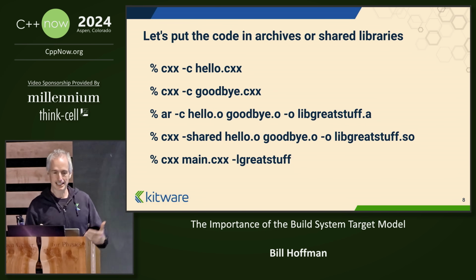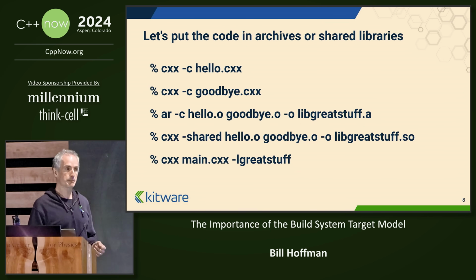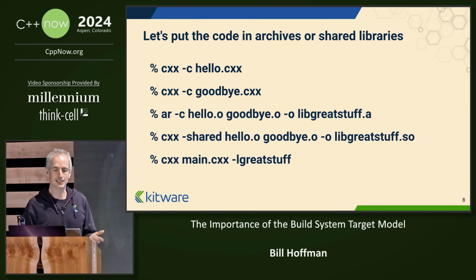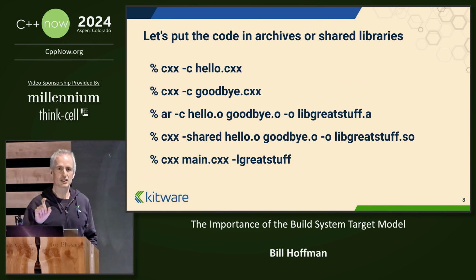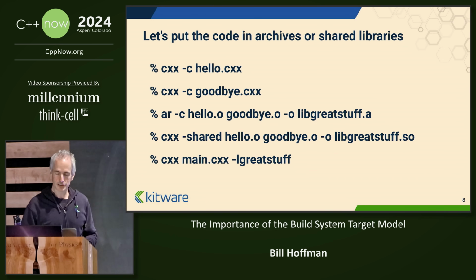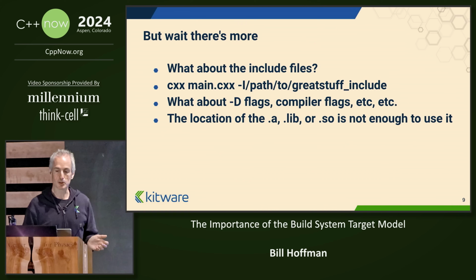And then you're getting a little more complicated with the build. You've got to build this either an archive or a shared library. And then down here on the bottom line, I'm compiling this main.cxx with this minus little l flag that says, link to great stuff. That all looks good. But wait, there's more.